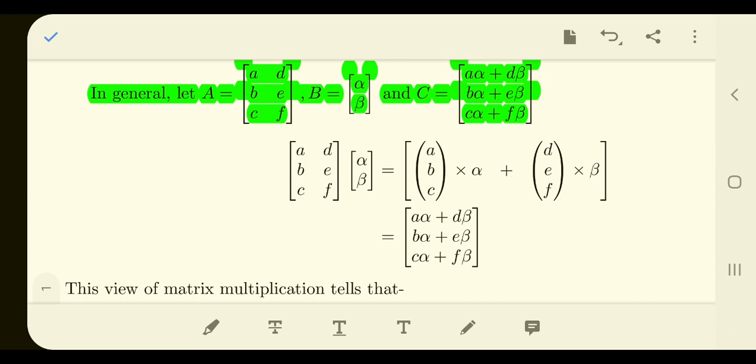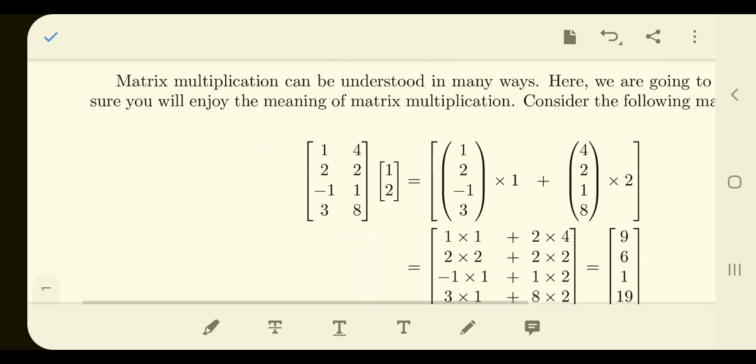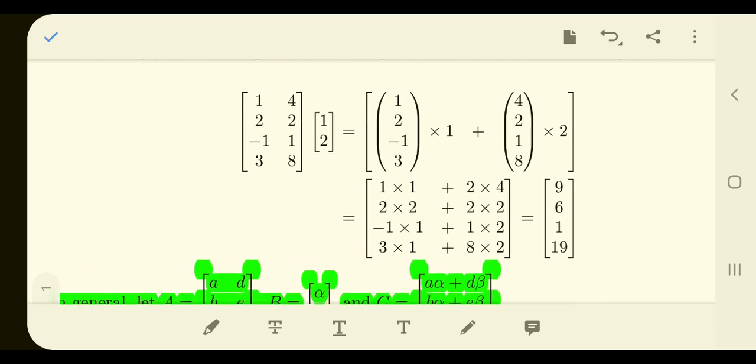Just to see an example, there is one column and another column, and we make a linear combination. We said 1 times column 1 and 2 times column 2 of matrix A gives you the column of the product.